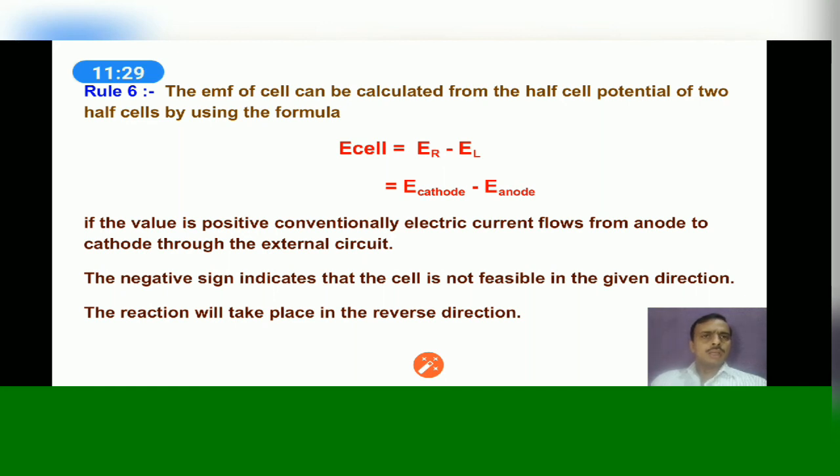If the EMF of the cell is positive, it indicates that electric current flows from anode to cathode through the external circuit. If the EMF of the cell is negative, it indicates that the cell is not feasible in the given direction, and the reaction will not take place in the solution, or it will take place in the reverse direction.